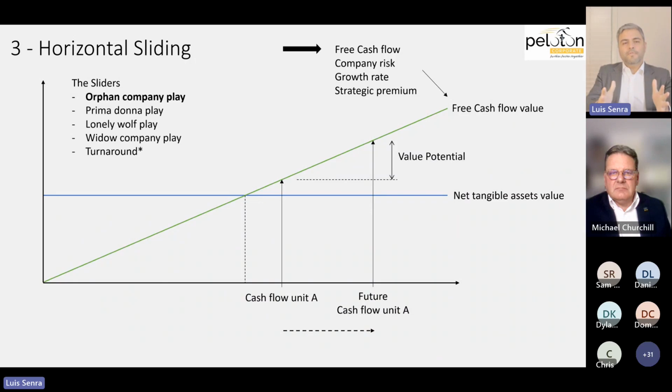So we have several plays here in the horizontal sliding. We call them sliders. They're sliders just because, we are not creative here. They just slide the company horizontally. When we buy a company, focus on a slider, it will need to have one specific thing that we are looking at and say, okay, there is this, and because there is this, we definitely have some value in sliding the company.